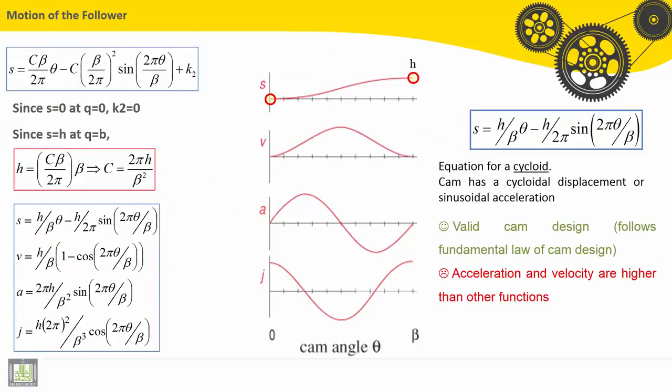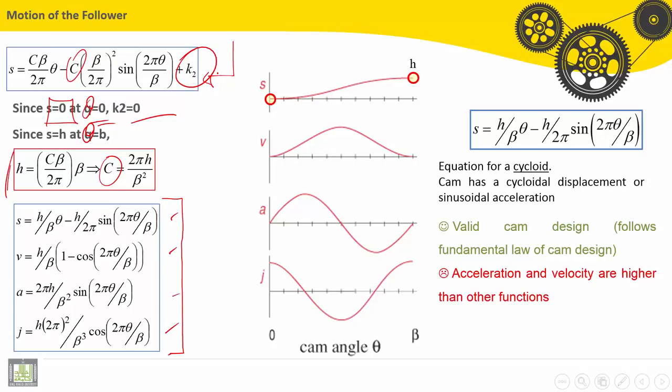Let's see here, to completely define the position function, we have to find the K2 constant. Since the position is equal to 0 at theta equals 0, then K2 equals 0 here. Since the position equals h at theta equals b, then we can find the h and the c constants here, and position, velocity, acceleration, and jerk are fully defined.